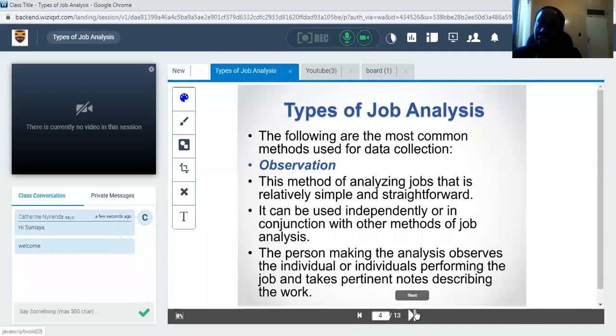This is a method of analyzing jobs that is relatively simple and straightforward. It can be used independently or in conjunction with other methods that we are actually going to look at.